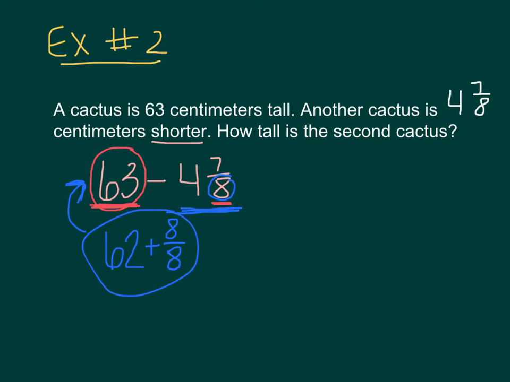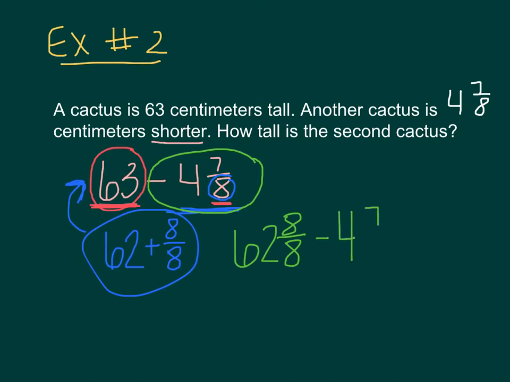So now we just put those together. So we put 62 and 8/8 together as a mixed number. And now we can subtract. Now we just take our second part of the problem and we can subtract.